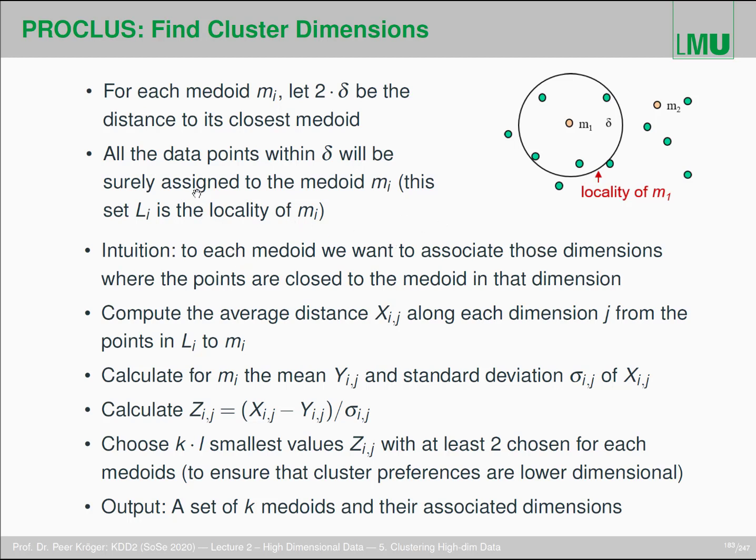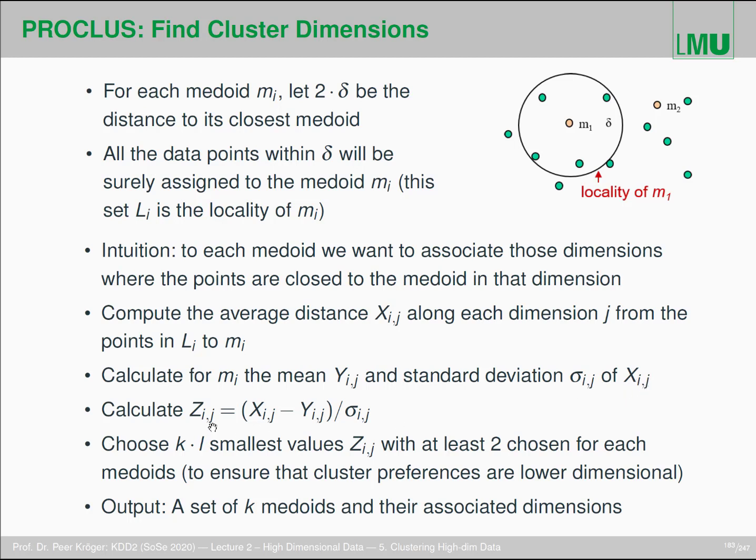And the intuition is that each medoid we want to associate with those dimensions where the points are close to the medoid. So we compute the average distance along each dimension from the points in the locality of this M1 here. Then we calculate for the medoid the mean and the standard deviation of these average distances.